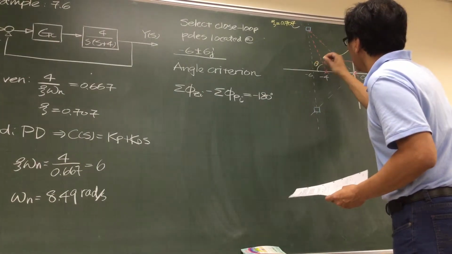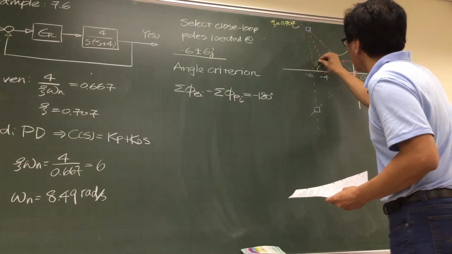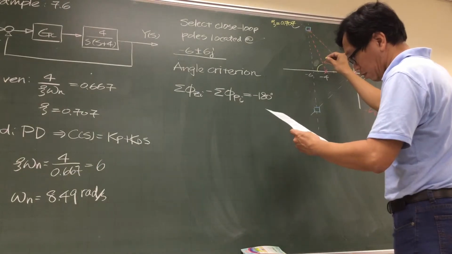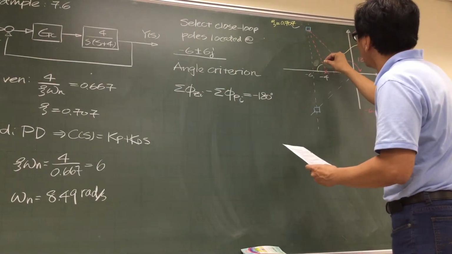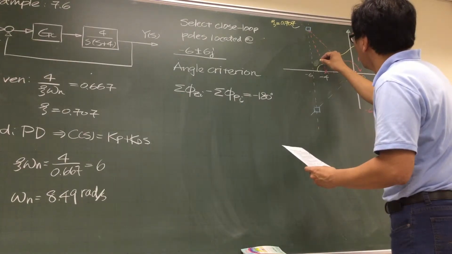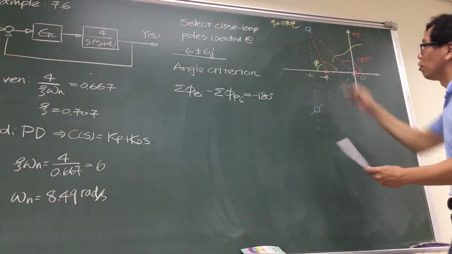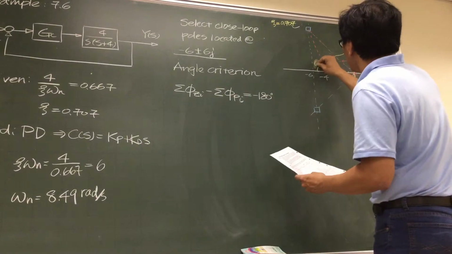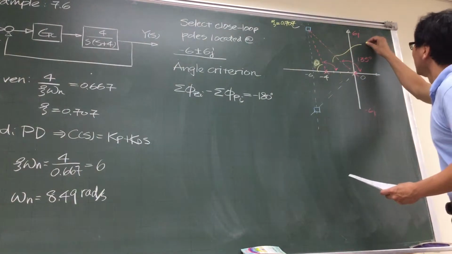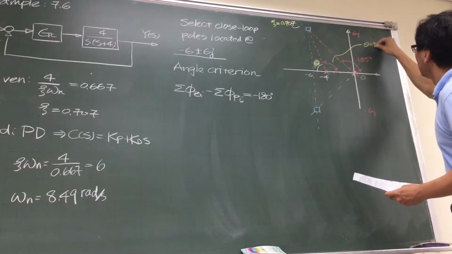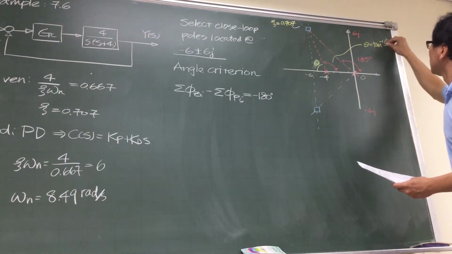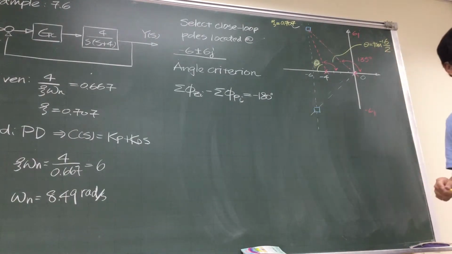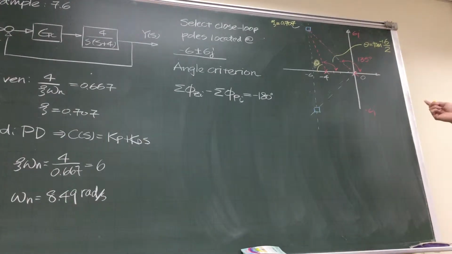Let's use theta. So theta is going to be tangent, 6/2. Everybody understand what I'm doing?